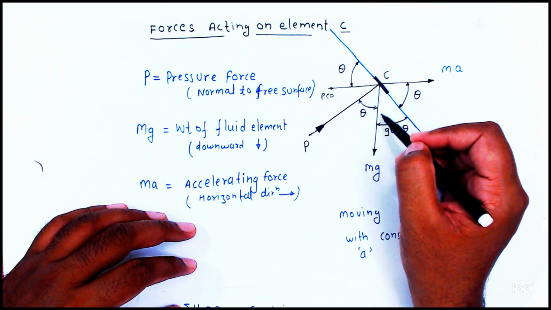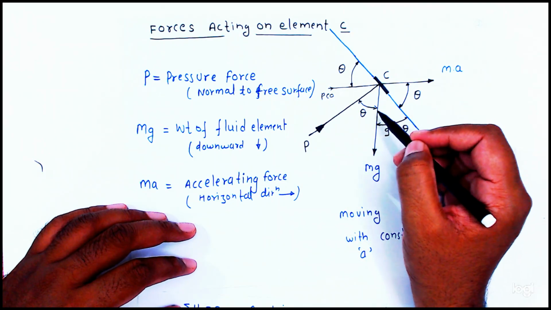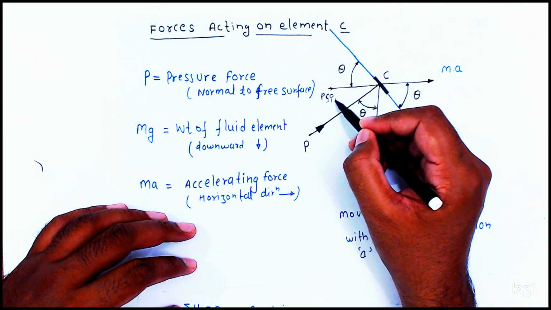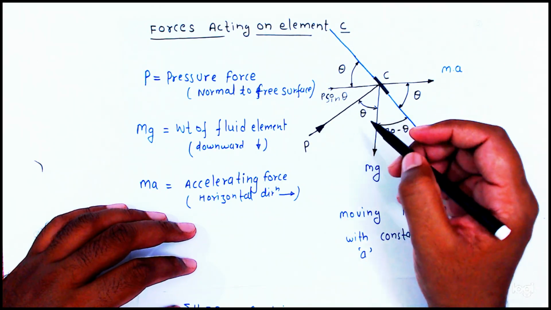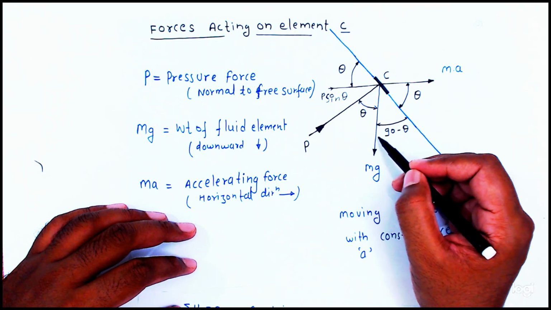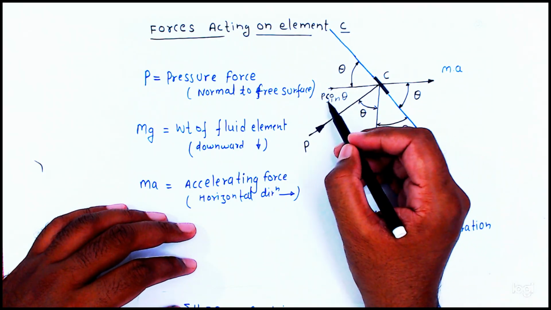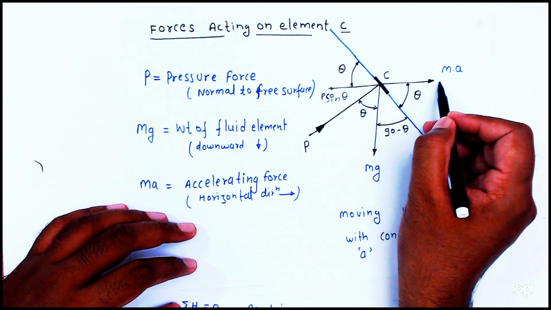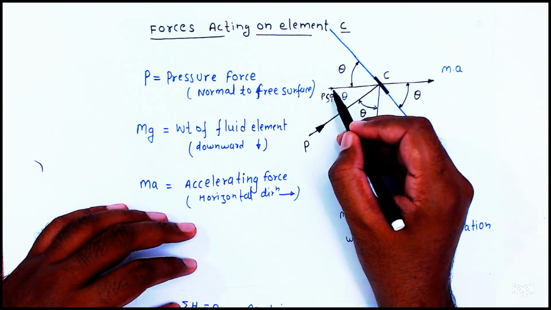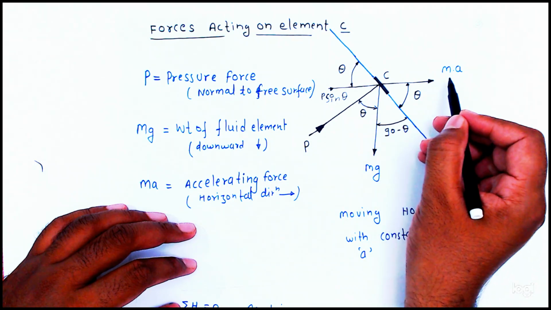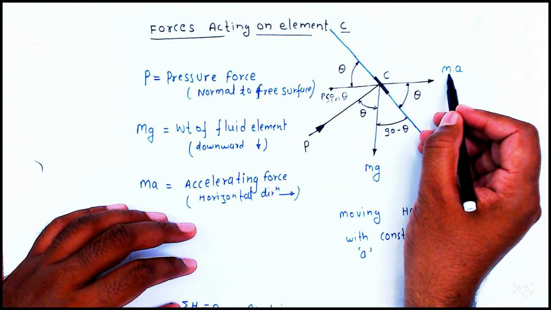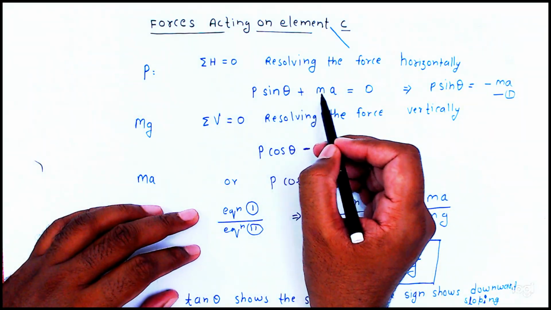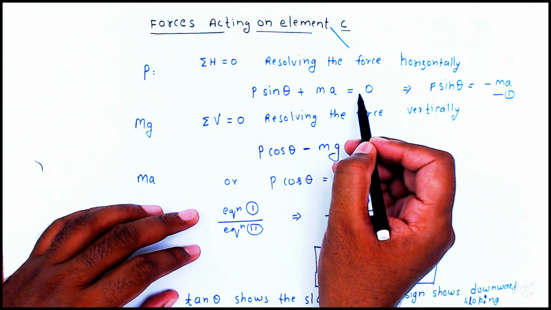So this will be P cos theta, and in this direction P sin theta. So P sin theta, and this accelerating force is also in the same direction. So what will happen, friends? Plus m into a equal to 0. So P sin theta plus mass into acceleration will be 0.